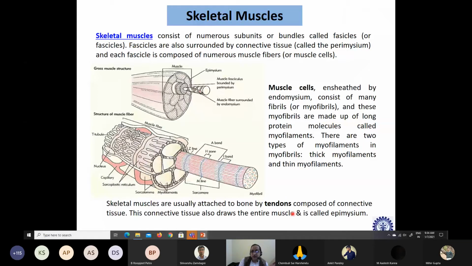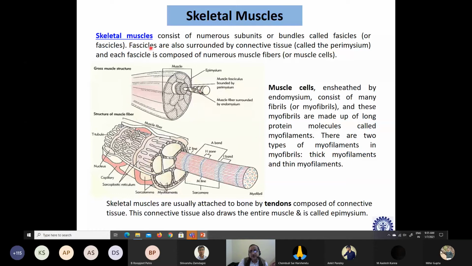Now, just to elaborate a little bit on the skeletal muscles, you can see the structure of the skeletal muscles. You can see the muscle fibers.